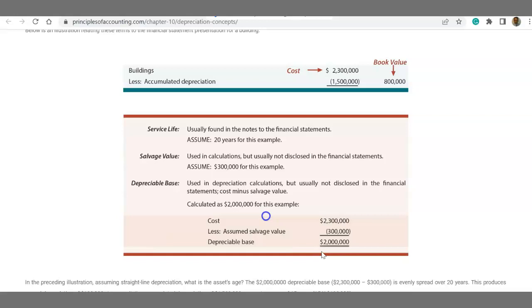Under tax purposes, that's normally what you do. You just estimate that salvage value is 0, and you try to depreciate every dollar of that investment in the equipment or building. So you might do the same thing.